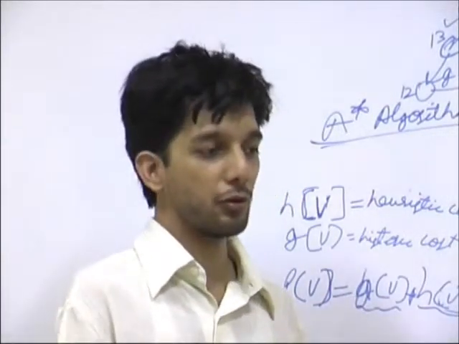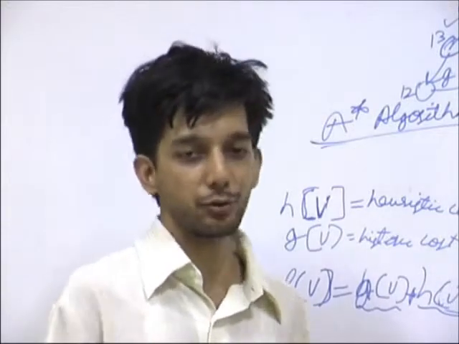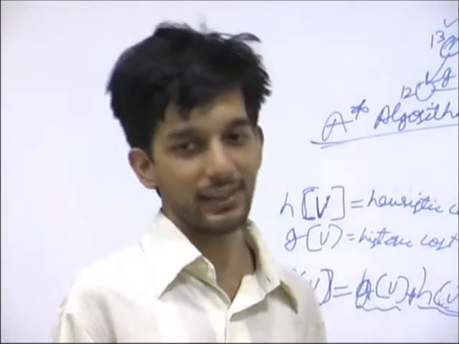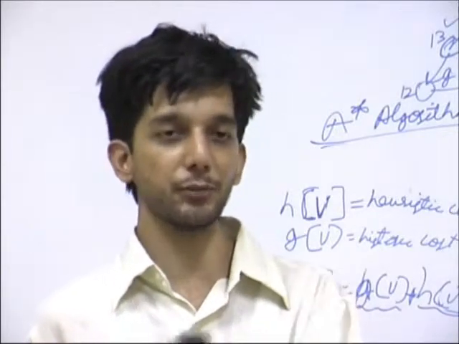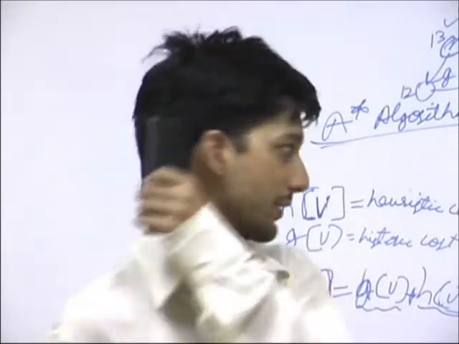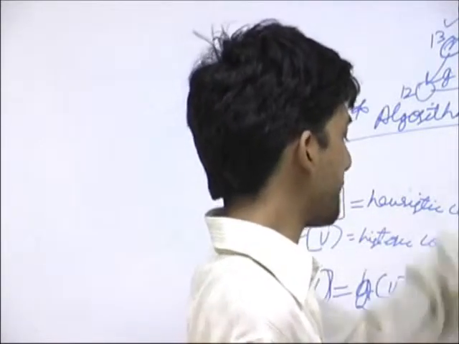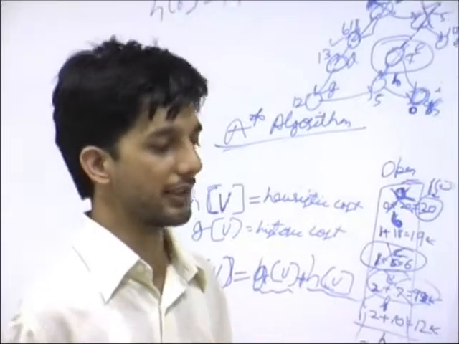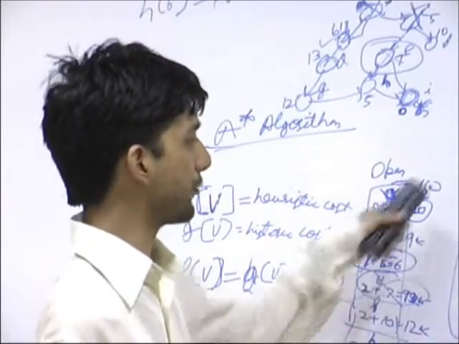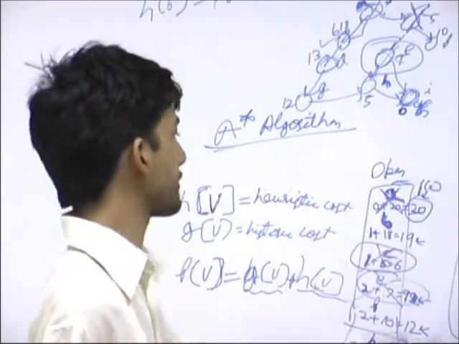I try to go using a route that according to me, according to the estimates given, has the lowest total cost. At every point of time, I try to go about with nodes having the lowest total cost. So that is what happens in the open list. As I go on processing, the nodes that have already been processed are put into the closed nodes.